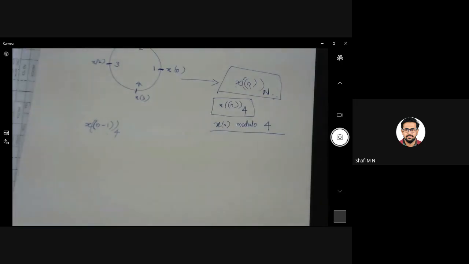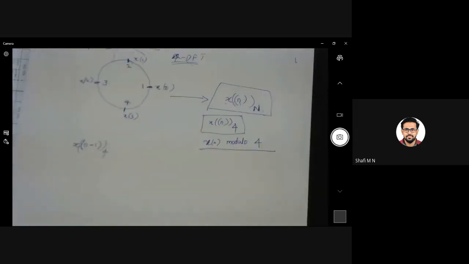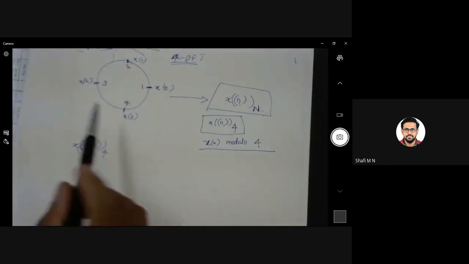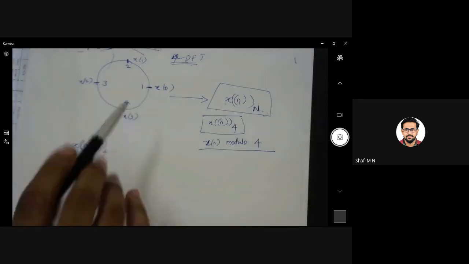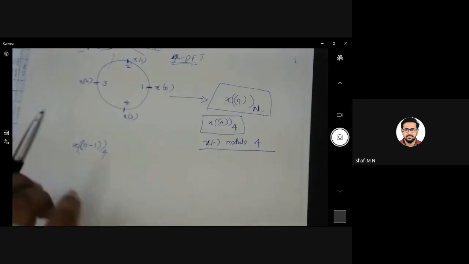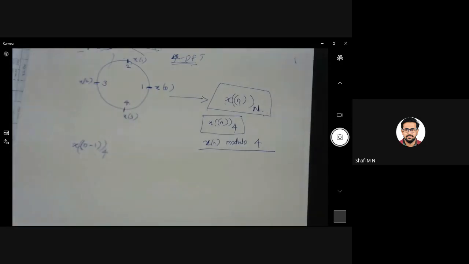Forget about the circular representation and try what will happen with a normal sequence. The final answer is you have to shift this circle. You have to rotate the circle by 1 unit, clockwise or counterclockwise. You have to identify what is the pattern. Okay.